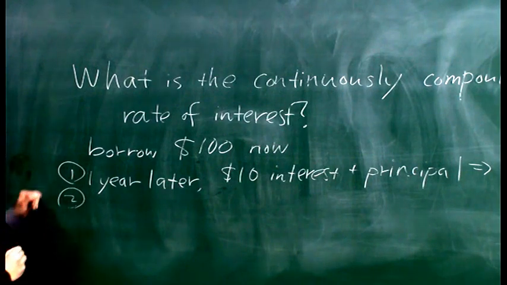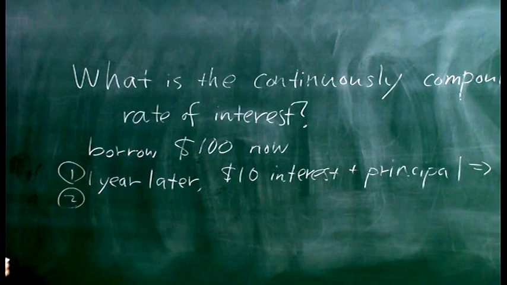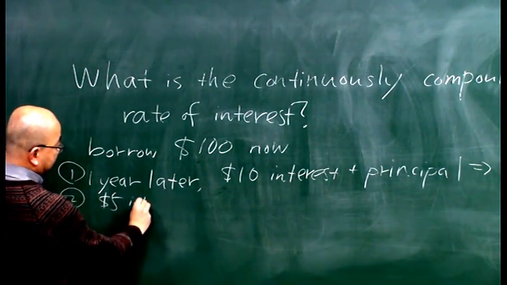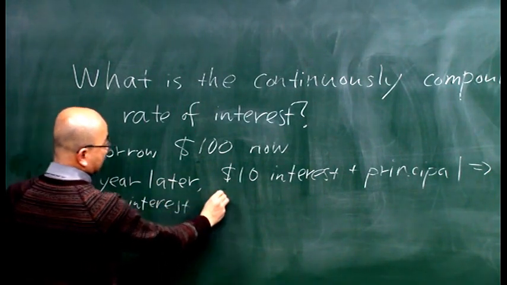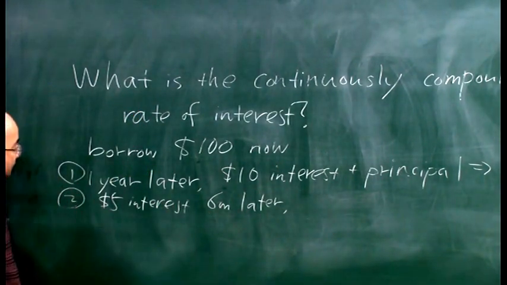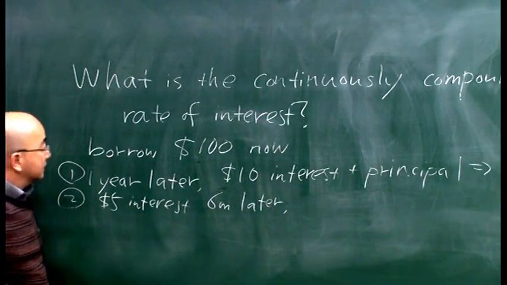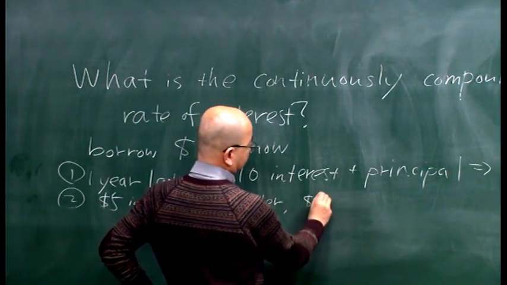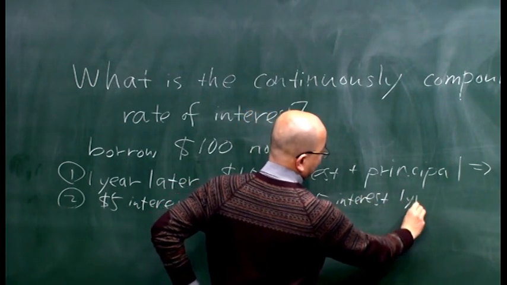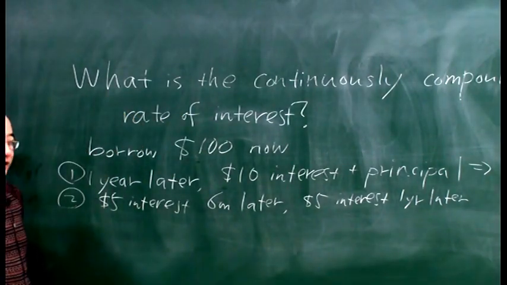And second situation, instead of paying $10 interest 1 year later, you pay $5 interest six months later, and another $5 interest one year later.